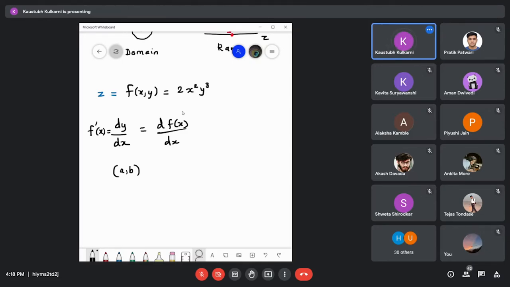This is a point where we want to measure the rate of change of f.